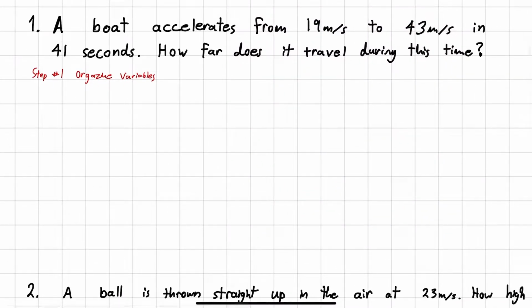What do we have? Well, we have an initial speed that is 19 meters per second. Here, let me do it in a darker color. V1 equals 19 meters per second. What else are we given here?